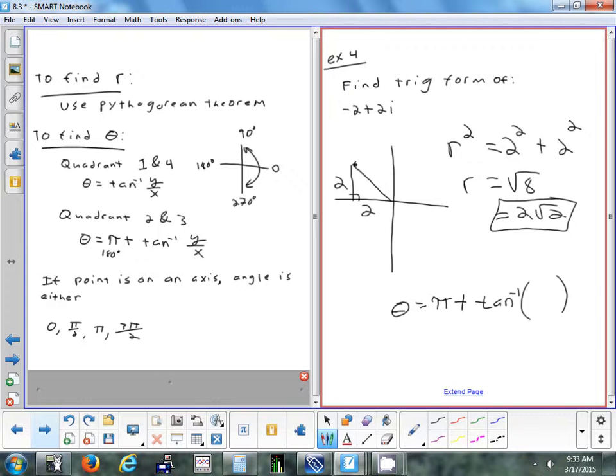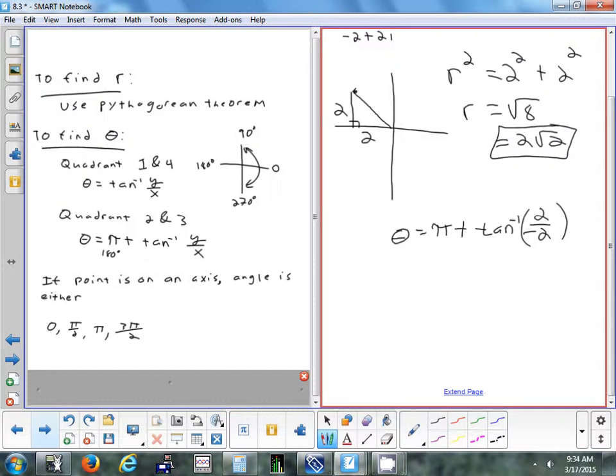And remember y, that's your vertical. X is your horizontal. So in this case, my vertical, I went 2 up. But my x was negative because I went left. And there's a negative in the problem. Okay, so we're finding the inverse tangent of negative 1.